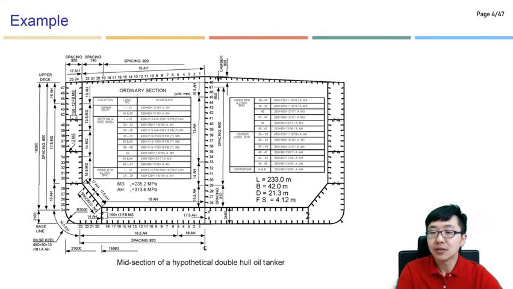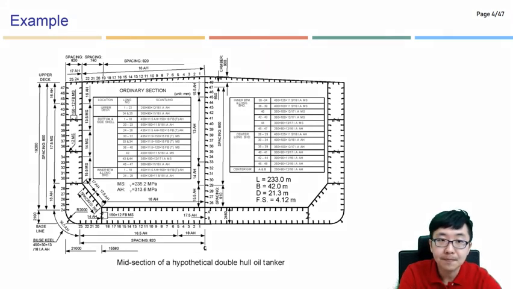So that's all. One example: this is the midship section of an oil tanker. It looks like Suezmax class. The length is 233. You could see here the length is 233, the breadth and depth. And this one, you might not be familiar with.